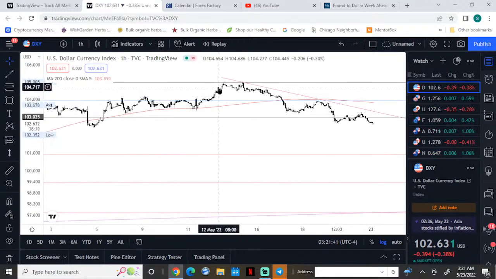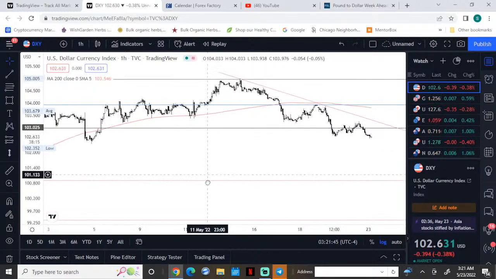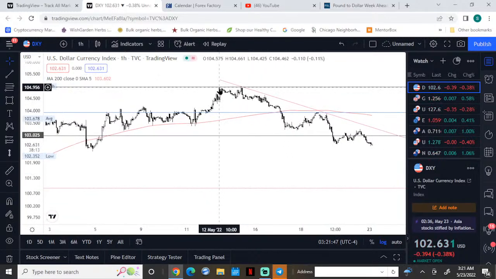Look at that. Double top. There and there. Let's see.